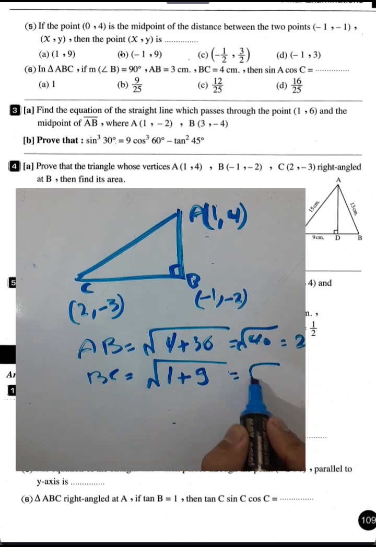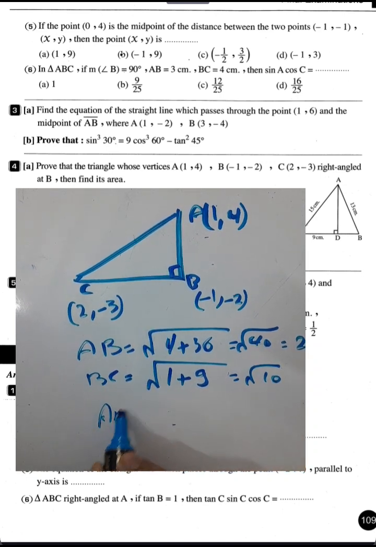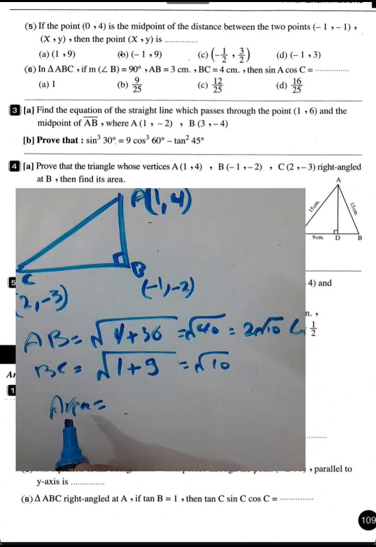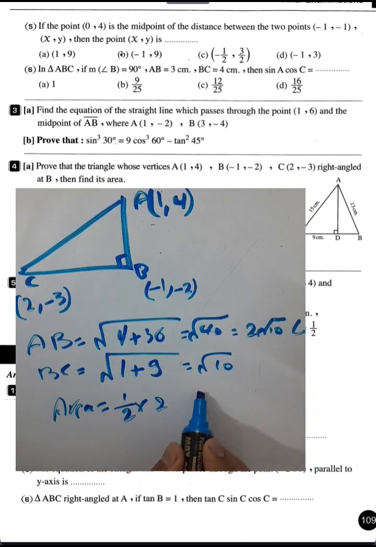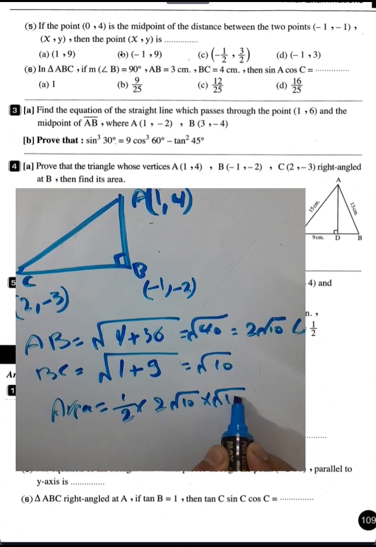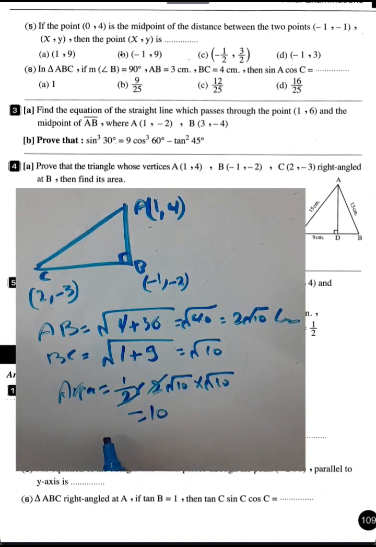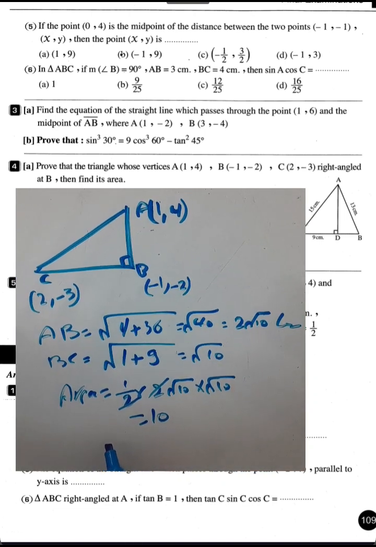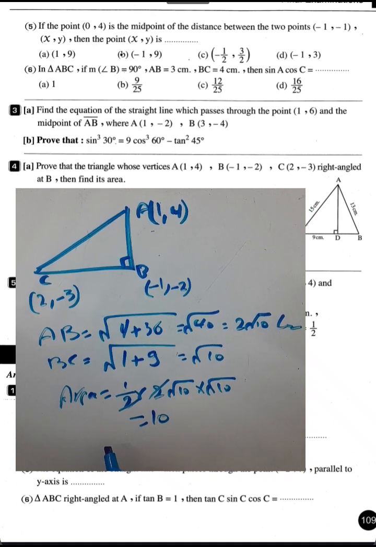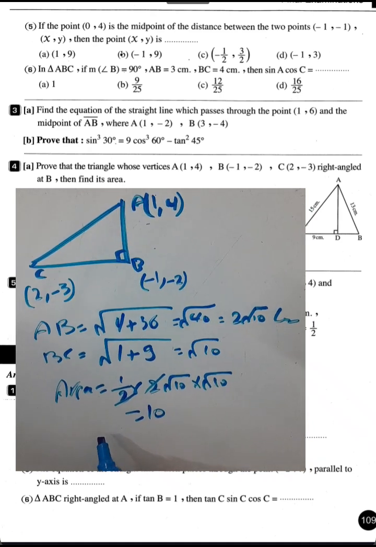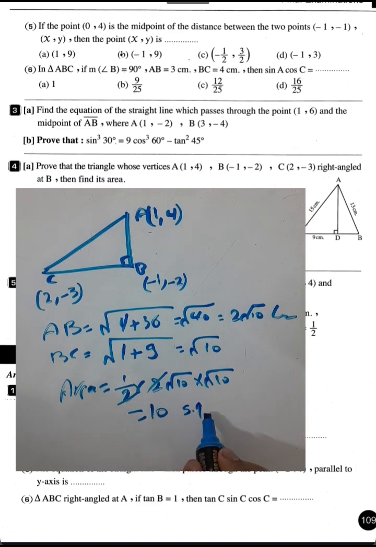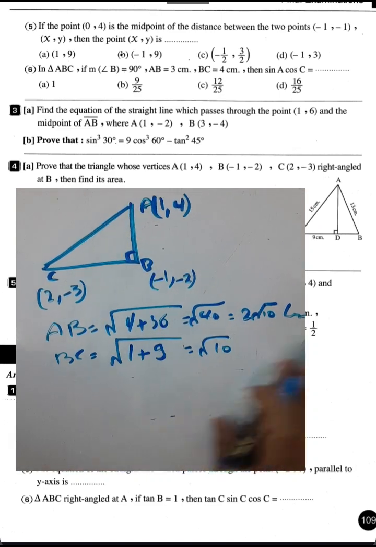The result will be root 10. Then the area will be half times 2 root 10 times root 10, and root 10 times root 10 is 10. The area here will be 10 square units. Understood? 10 square units.